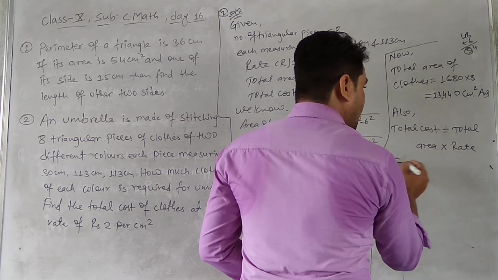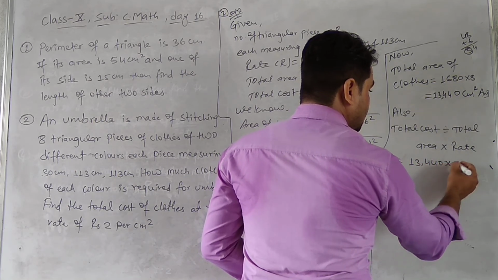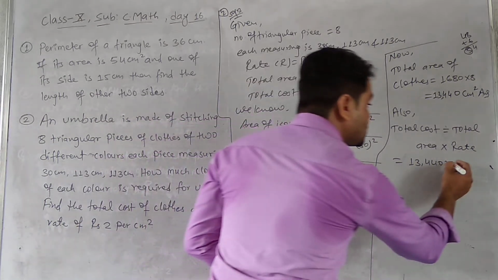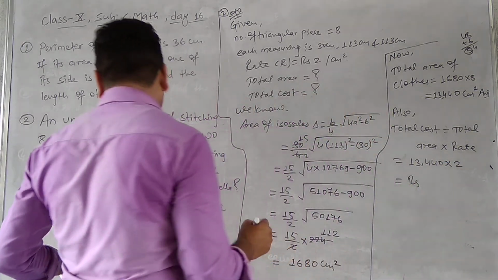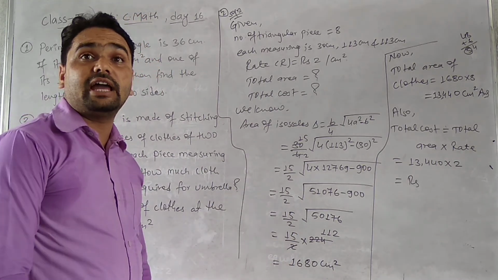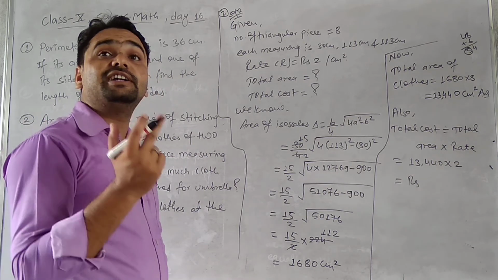Total means 13,440 into the rate, that is 2, and we get it in Rs. Since it is in Rs, we are going to write in Rs. If it is in paisa, then we have to divide by 100.